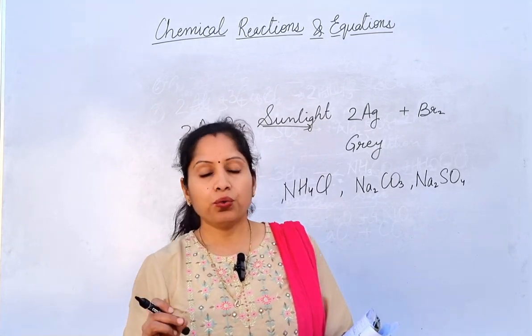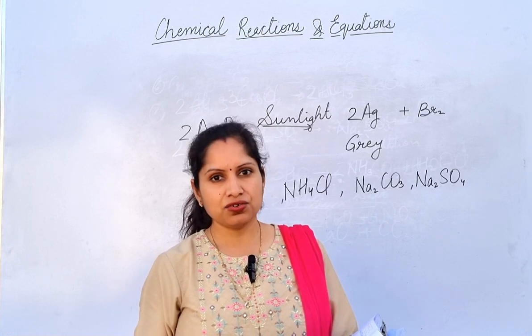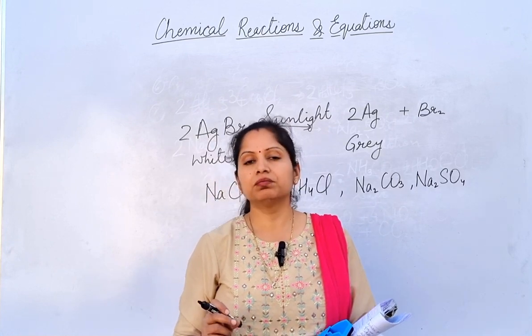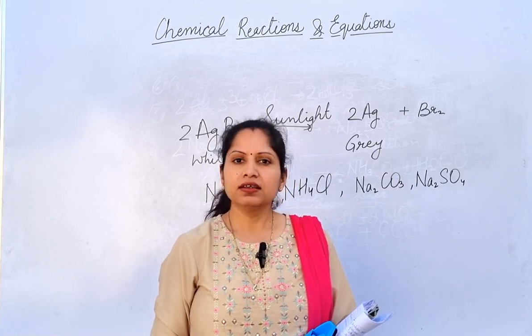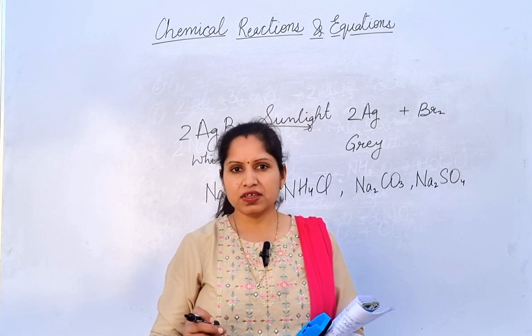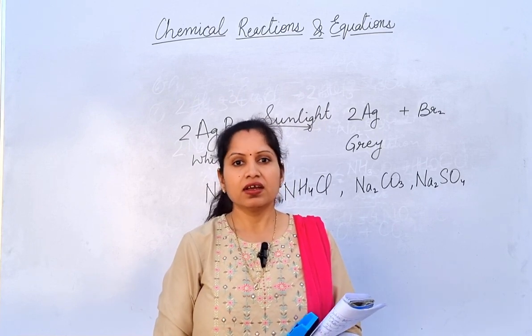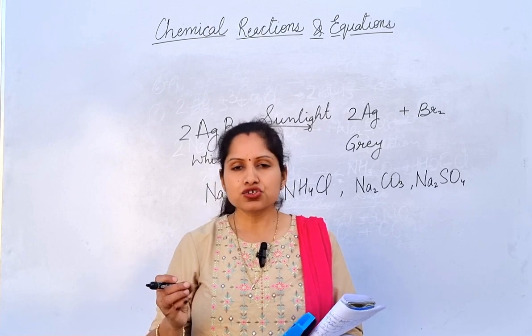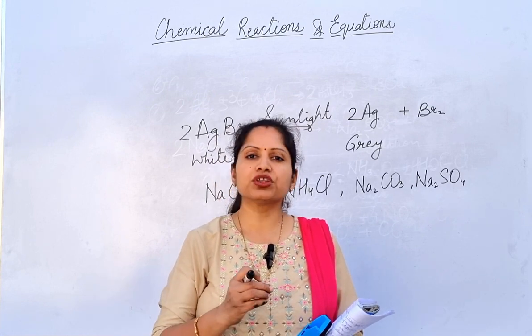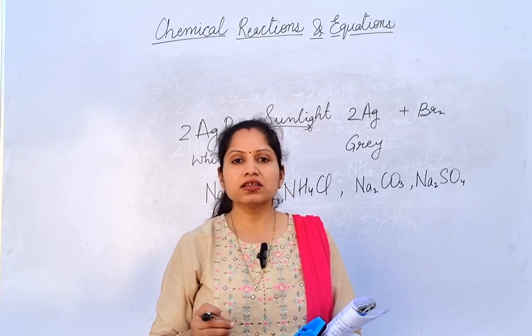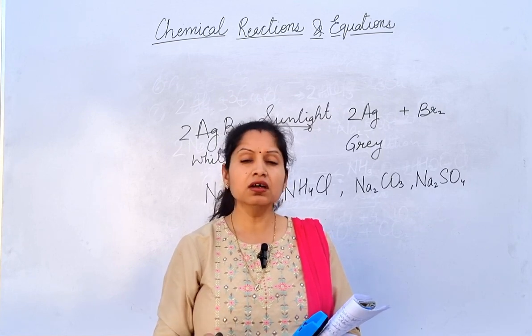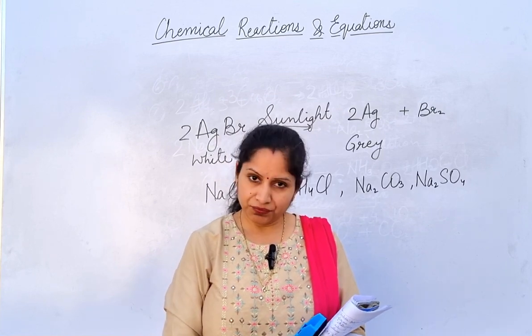Remember, when a strong acid reacts with a weak base, then the salt that is formed is an acidic salt. And when a strong base reacts with a weak acid, then the salt that is formed is a basic salt. Fine.